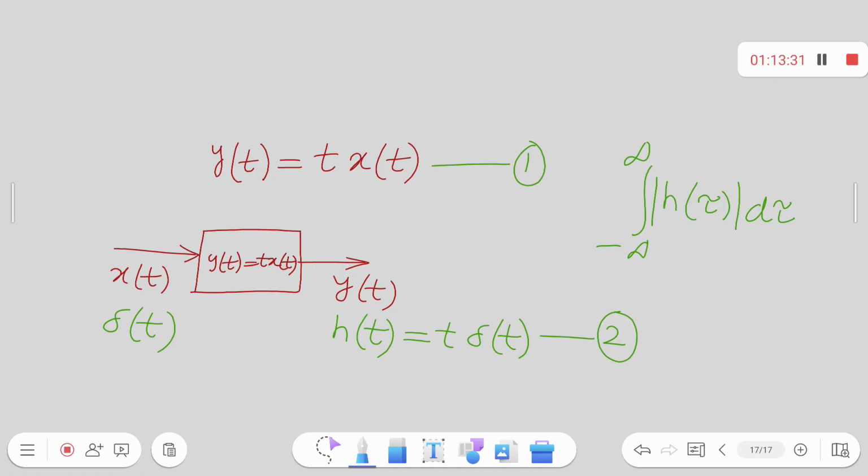If you go by this formula, the impulse response is absolutely summable. From that perspective, it seems that the system is BIBO stable.